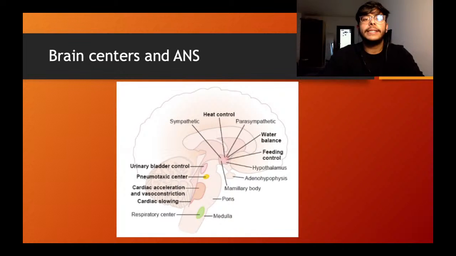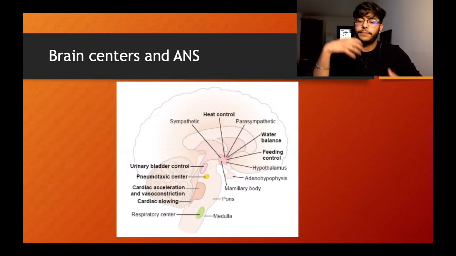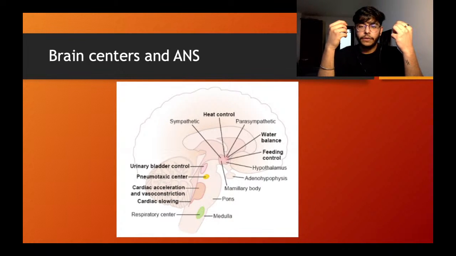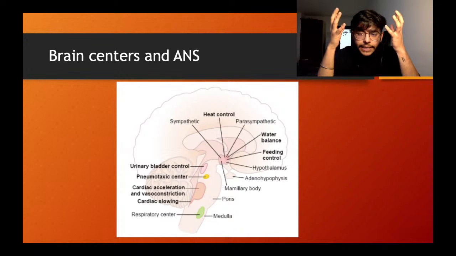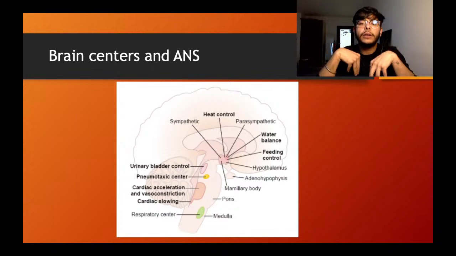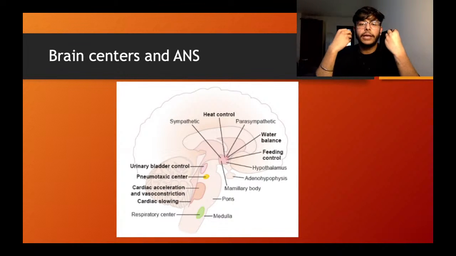Okay, brain centers and the autonomic nervous system. Now, as you can see, a lot of what I'm talking about has to do with the CNS combining with the spinal cord and all the different ganglia to produce a certain response. How does that happen?